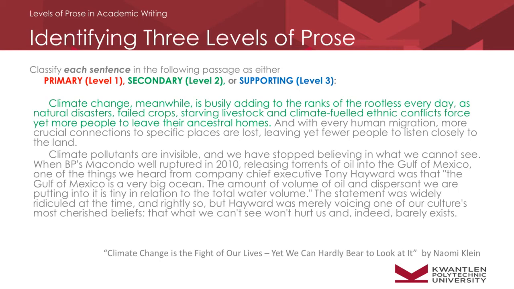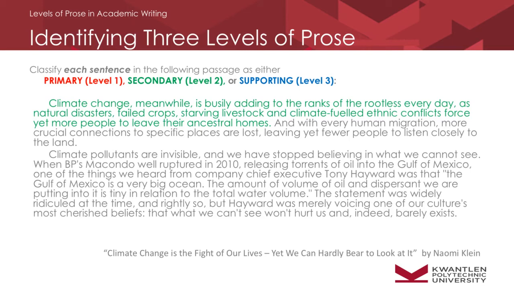So if we look at the second sentence then, in that start there. The next sentence reads, "And with every human migration, more crucial connections to specific places are lost, leaving yet fewer people to listen closely to the land." In this case, she's not using more specific ideas, so she's not talking about livestock or failed crops or natural disasters.